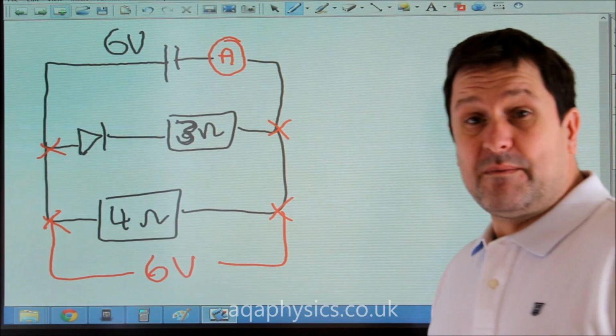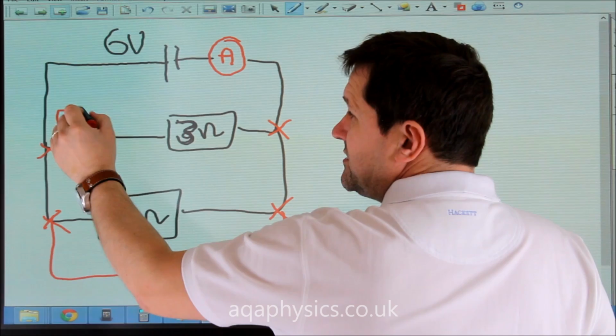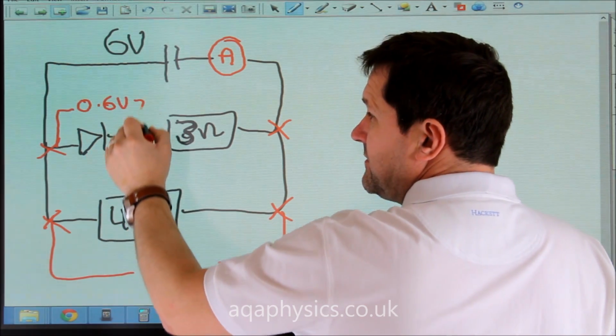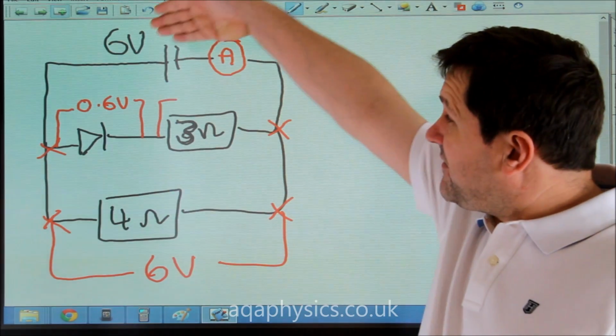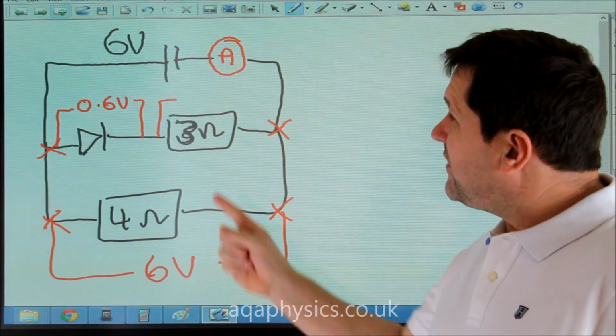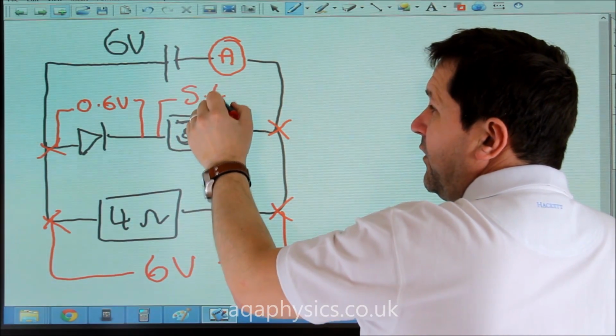Now it's essential to remember the diode takes 0.6 volts. So if the diode takes 0.6 volts, what is left for the 3 ohm resistor? Obviously the EMF of the battery is 6 volts, so therefore we've got 6 take away 0.6, which is 5.4 volts.